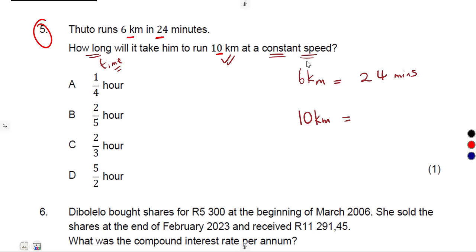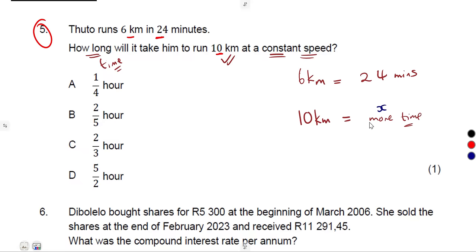Imagine you are running at a constant speed. Where you covered the lesser distance, it means the lesser time. The more distance, the more time we must expect. It is a condition where less goes with less, more with more.